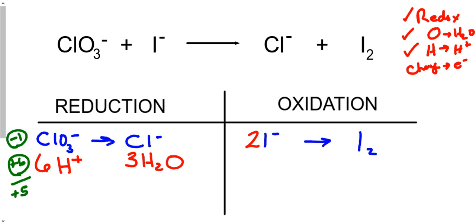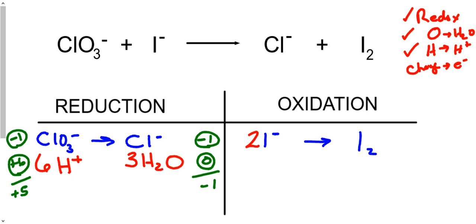Going to the product side, we have 1 chlorine -1 ion, so there's 1 minus in charge, and 3 waters, and the waters don't have any charge. So when I add these 2 up, we have a total of 1 minus on the product side. So clearly, I don't have the same charge as reactants and products. The reactant side is much higher.